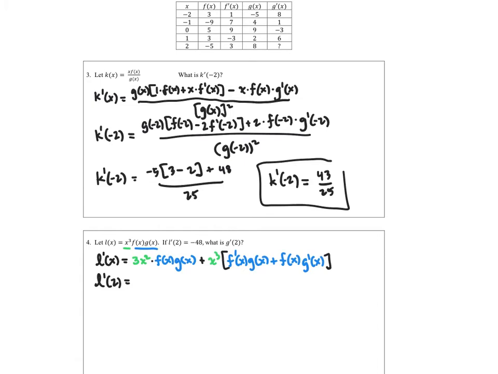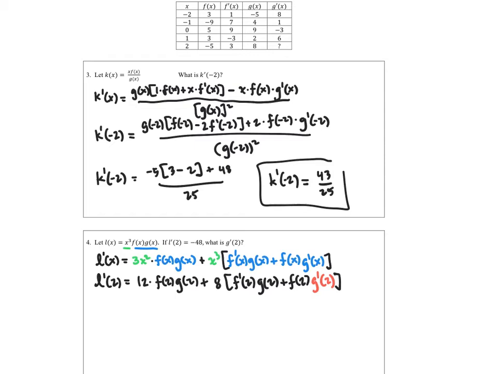So that's 3 times 4, which will be 12, f of 2, g of 2, plus 2 cubed, which will be 8, f prime at 2, g at 2, plus f at 2 times, this is what we're looking for, g prime at 2. That's what we're seeking.